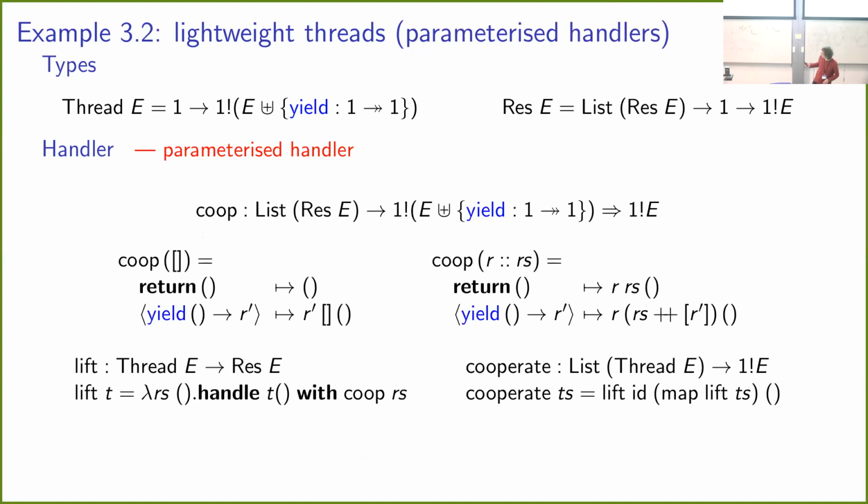If you just generalize handlers very slightly so that you allow a parameter to be threaded through the handler, so as well as taking a computation, it also takes this parameter, then each time you call the resumption, you pass in both the parameter and the return value of the operation. Then, well, we've got rid of those lambdas.